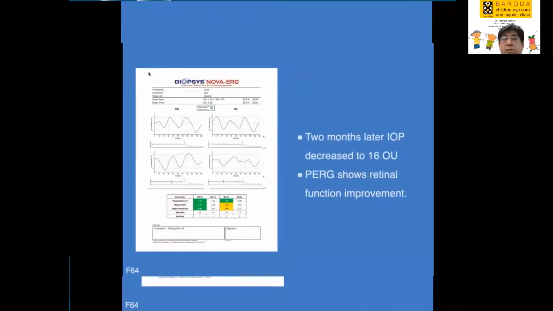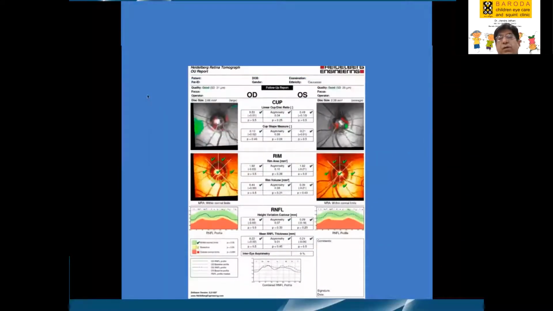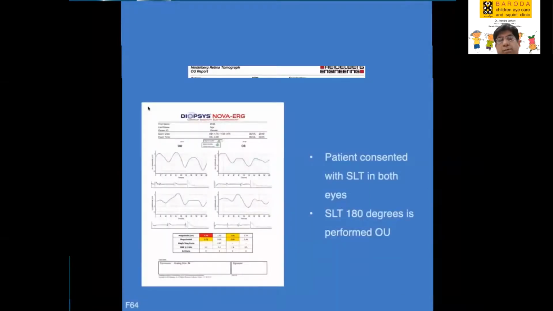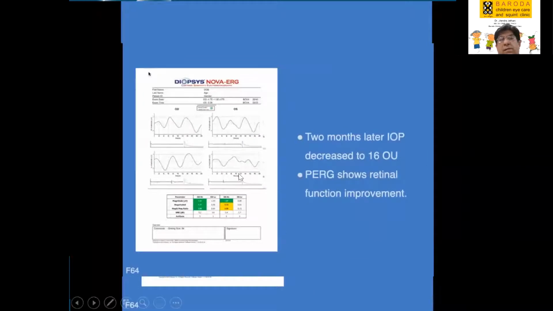This is a very good case, in which they tried to treat before any signs of field and OCT changes, only on the basis of pattern ERG, and 2 months later they again did a pattern ERG. The IOP was obviously reduced to 16, and the pattern ERG showed some retinal improvement, as you can see.